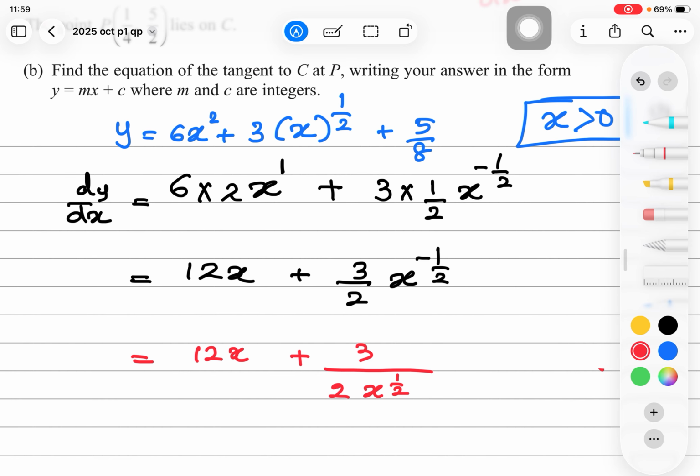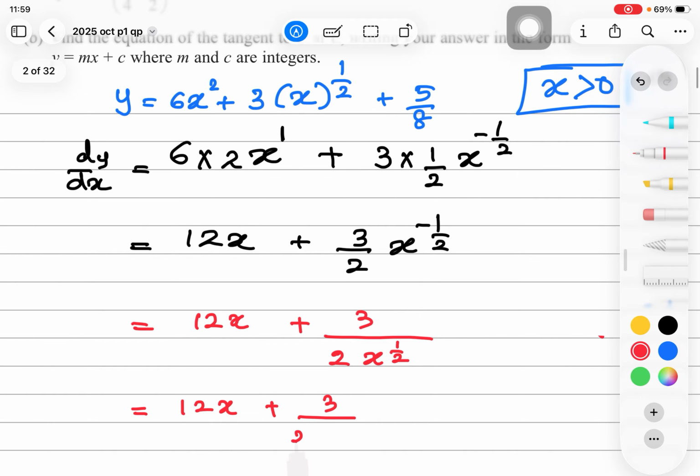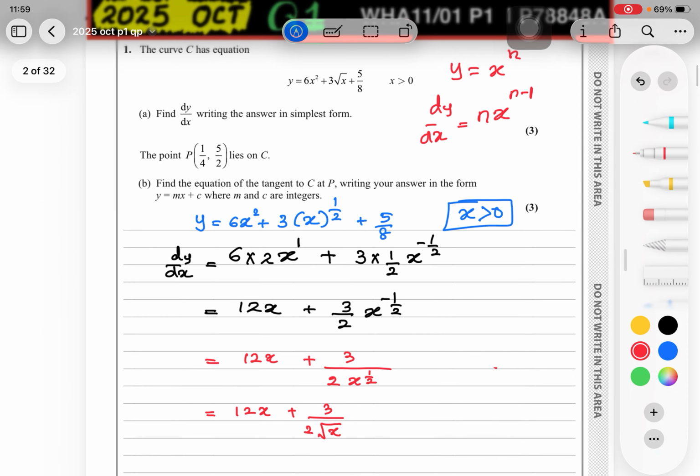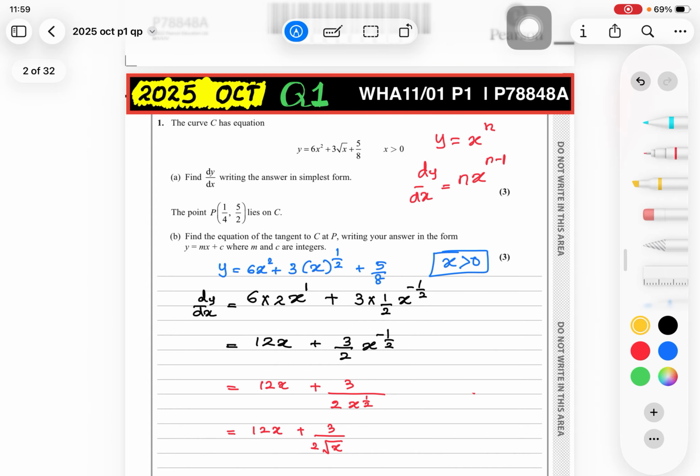If we want a nice looking answer, we can go for 3 divided by 2 root x. So this would be our dy over dx. We can also complete our working at this point, since we are worried about time during the exam, and this would give us your total marks.